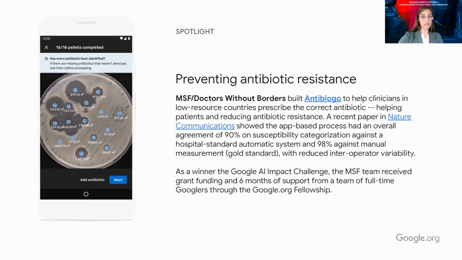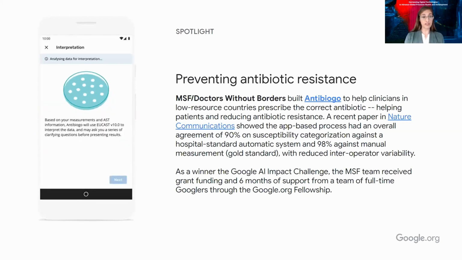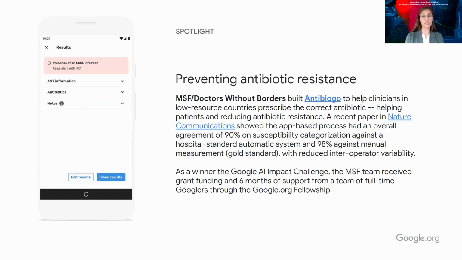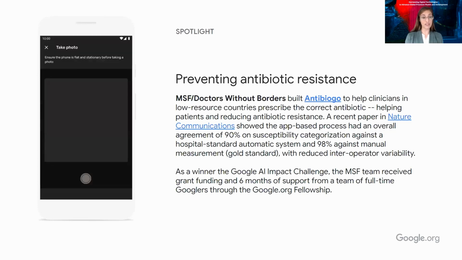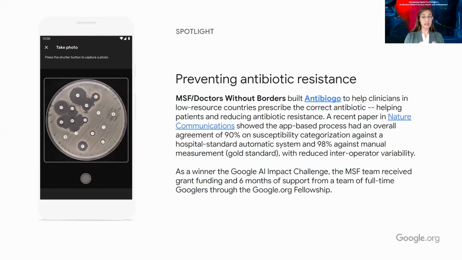They have now developed a free mobile app that you're seeing the demo of here on the left. It supports non-trained technicians to measure and interpret these important tests so that clinicians can then prescribe the right antibiotics. It works by taking a picture of the Petri dish and then measuring and looking at those inhibition zones. That's supported by computer vision.